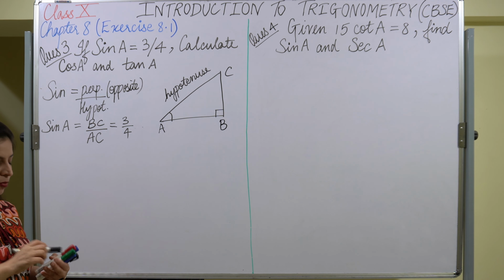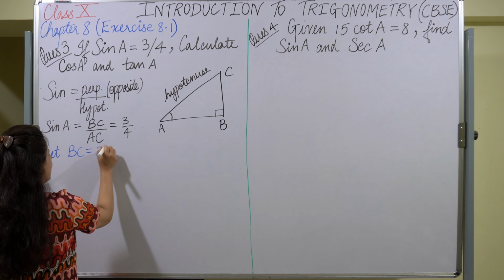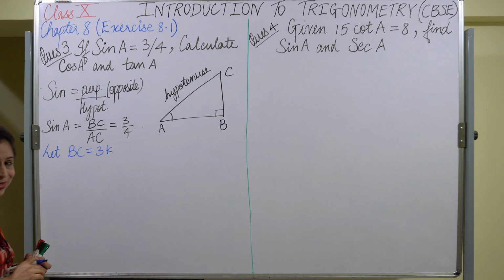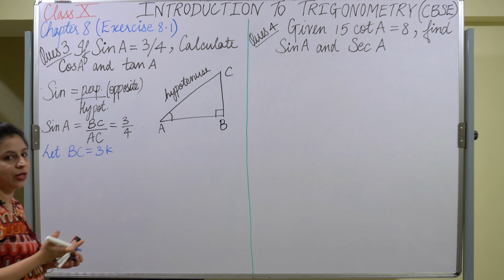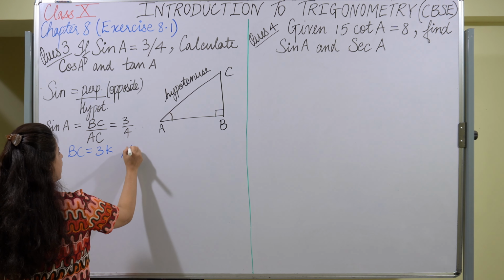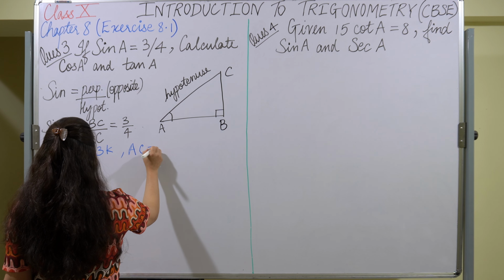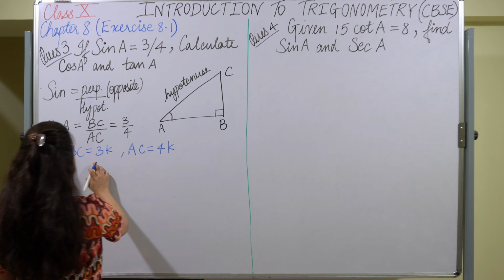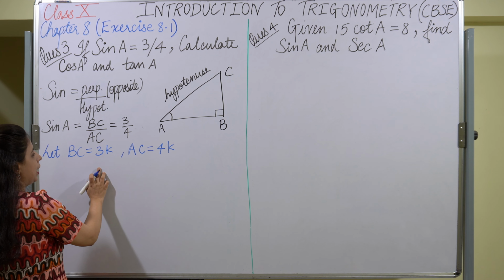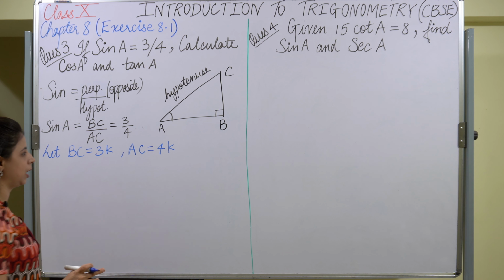Now let us assume that BC equals 3K. You can take any constant over here, K or A or X or Y, anything you can take. So AC is equal to 4K. So we are assuming BC to be 3K and AC to be 4K.